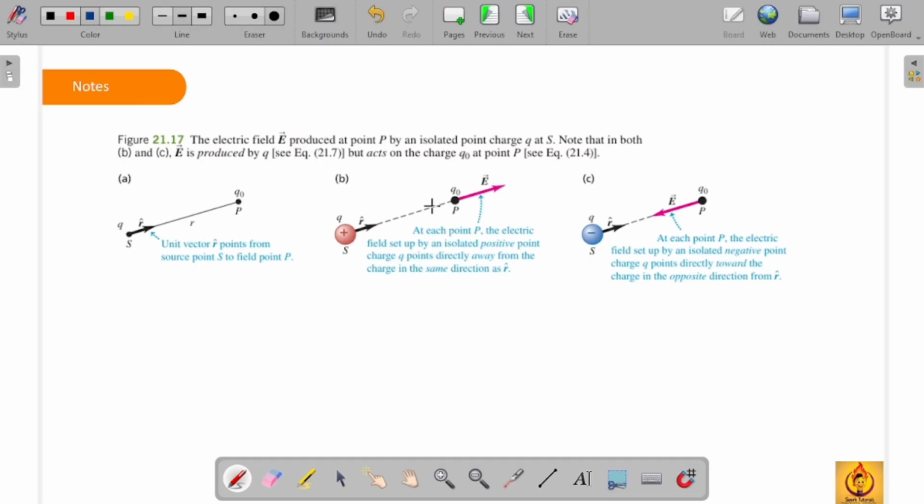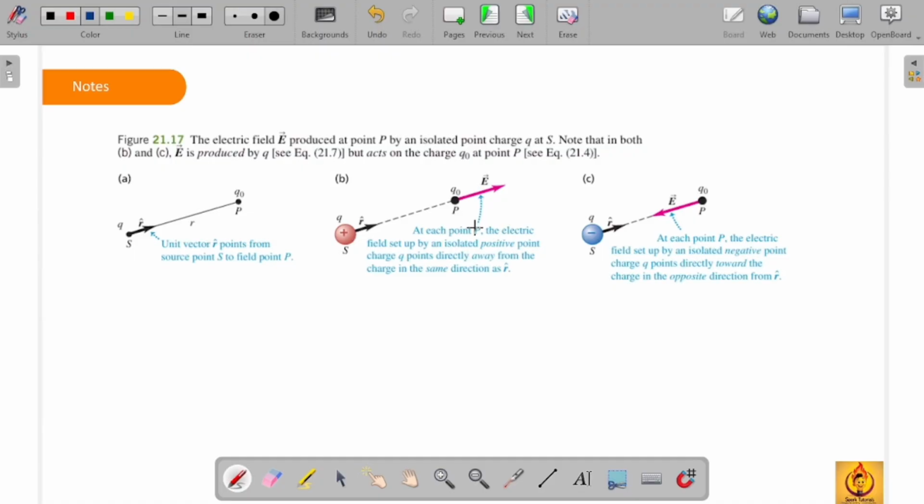So as we have just said, in this case our source is positive, so it creates the electric field which is away from the test charge. If the electric field is positive, its effect on the test charge is the field moving away from it.